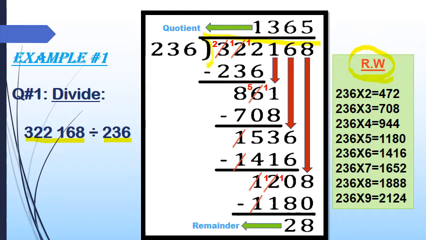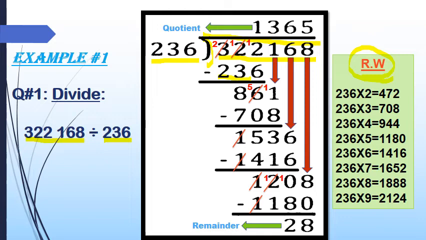After that, write the divisor 236 outside of the sign. Then write the dividend 322,168 inside. Then start from your left hand side. Now what comes nearest to 322 in the 236 times table?